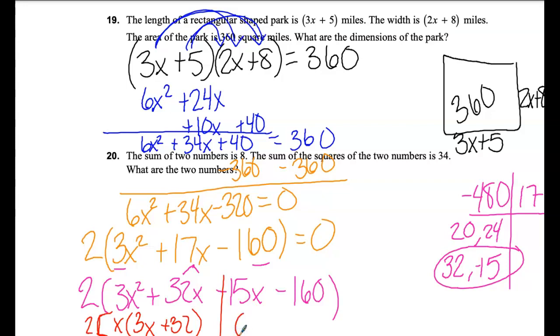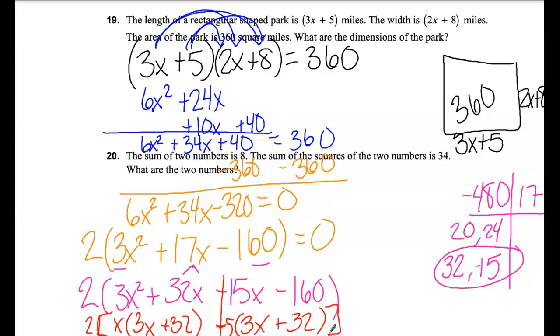Oh, wait, should we pull out a negative 5? Yeah, because then the 32 will be positive. So negative 5 times 3x plus 32, because I pulled out a negative. That's where I'm thinking you guys are messing up on your negatives, or getting off by a negative sign. If you're dividing by negative 5, this divided by a negative would be a positive, and this divided by a negative would also be a positive. So then it'd be 2 in parentheses.